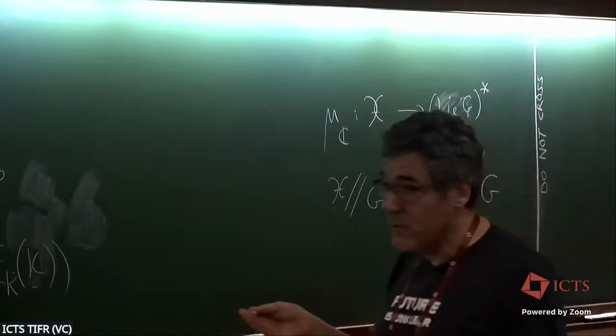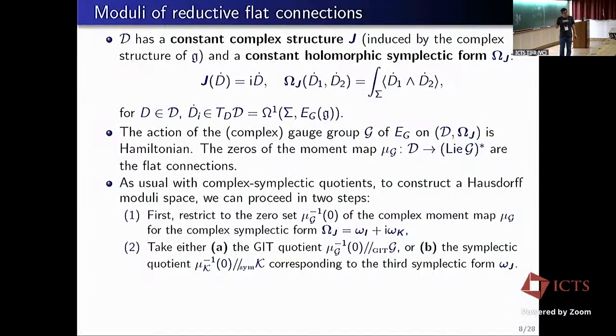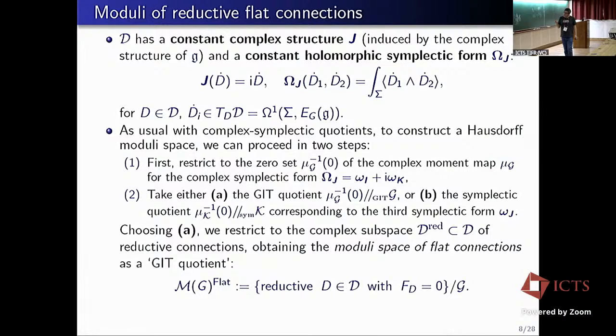And then these two constructions should be equivalent by some Hitchin-Kobayashi correspondence or some Kempf-Ness theory. Okay, so we first take the GIT point of view and then restrict to reductive connections. That's stability in this case. And so the moduli of flat connections can be thought of as this quotient, reductive flat connections modulo the action of the complex gauge group.